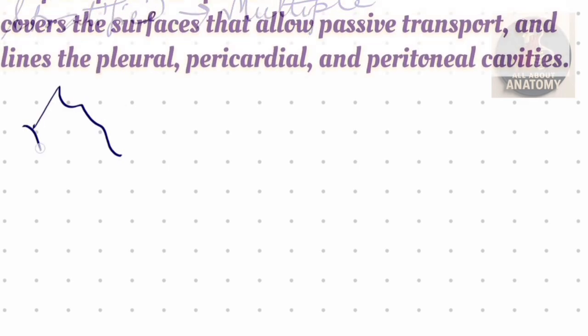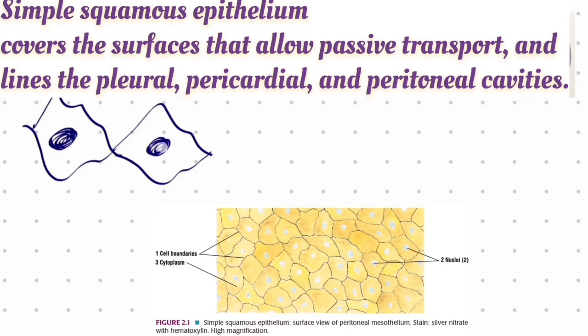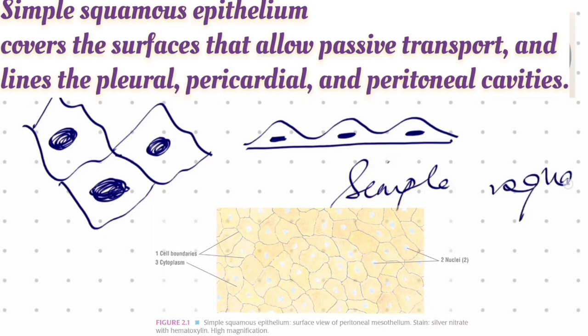Suppose the shape is like this when we see on the bird's eye view, and the nuclei are single, central, roundish. These are the squamous cells, and when present on the basement membrane in a single layer, they appear like small hillocks, and the nuclei are placed towards the base, and this is called simple squamous epithelium.